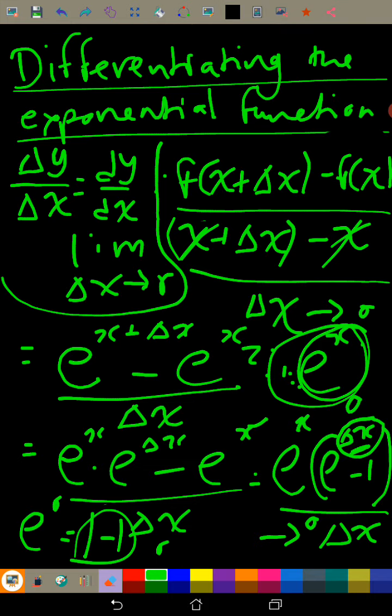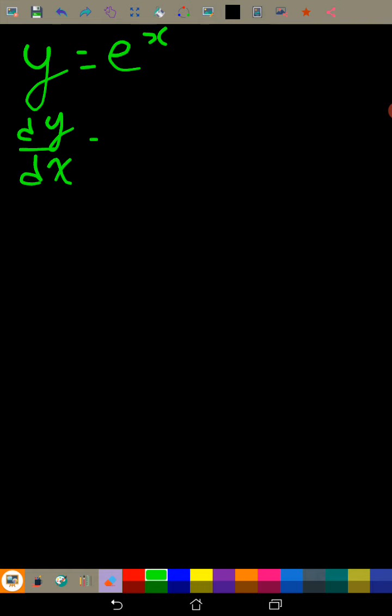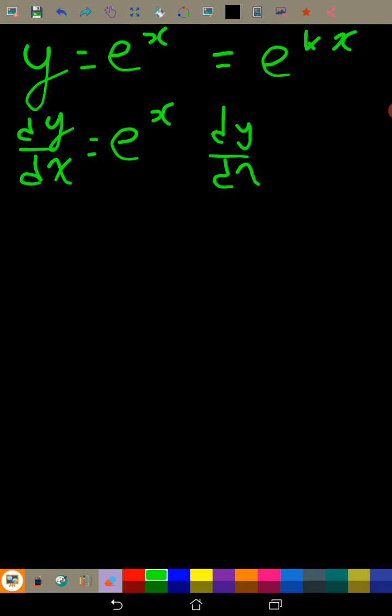And so therefore we can conclude if y is equal to e^x, dy by dx is equal to e^x. So what we can also do is say that if we have e^(kx), the dy by dx is going to be k e^(kx).